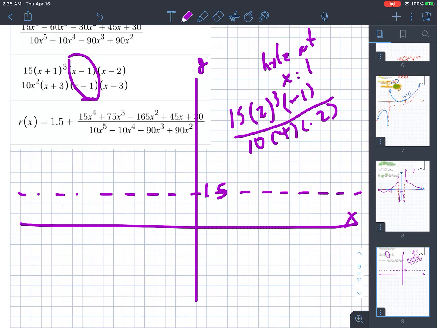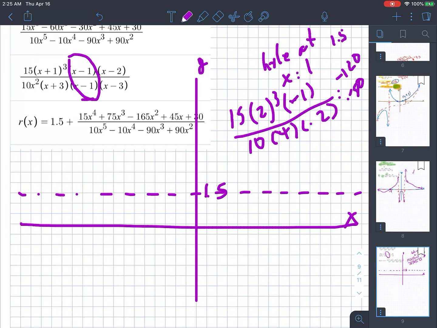So negative 8, negative 80. And you got 8 times 15, so it's going to be like 120. Negative 120 and negative 80. So 120 over 80 is going to be 3 halves, 1.5. Really? Right at 1.5? That's interesting. I might have done the math wrong, but that's fine.